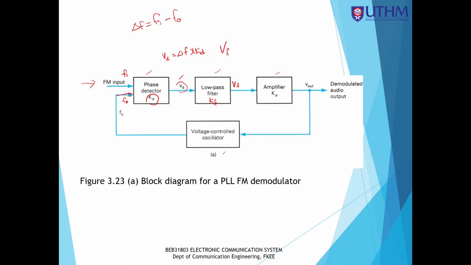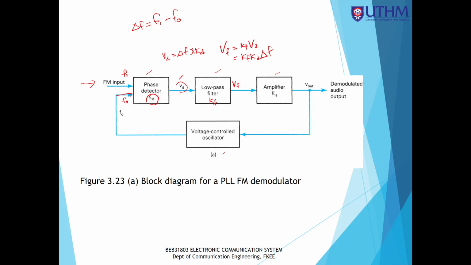So VF is equal to KF multiplied with VD. It is actually equal to KF KD delta F, because VD is KD multiplied with the frequency difference.